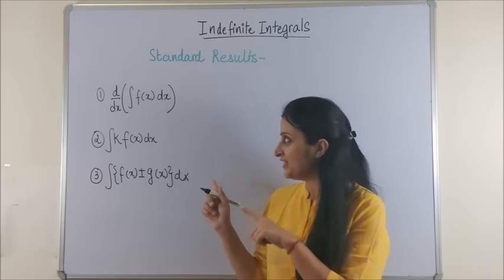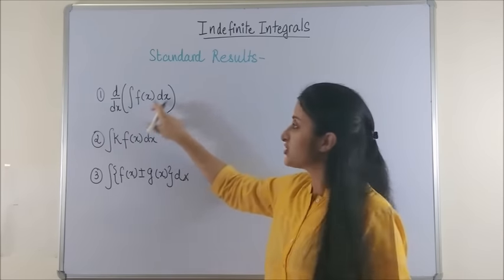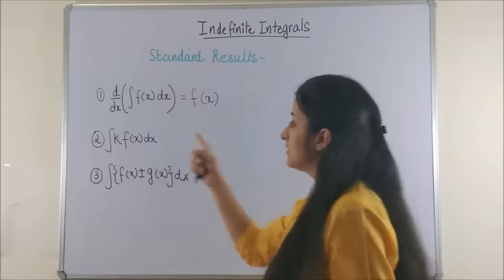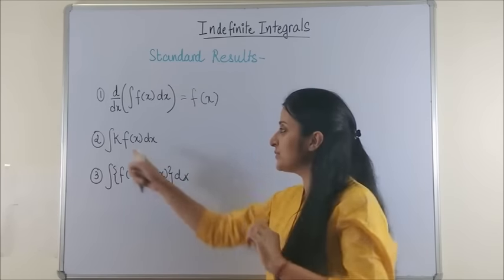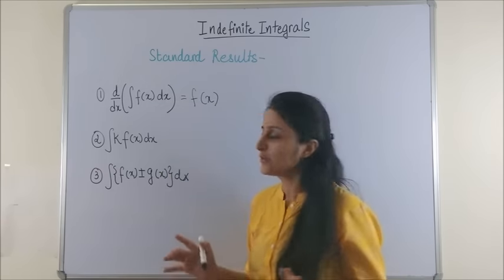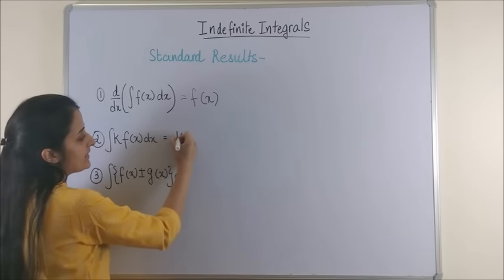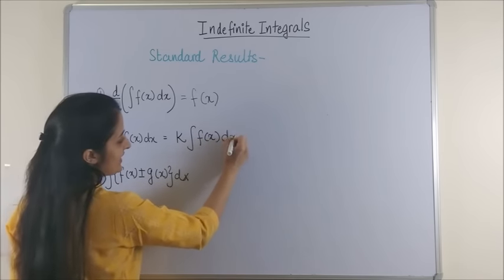Talking of a few standard results, we see that differentiation of integration gives us our original function back. Coming to the second one, the integral of k f(x), where k is any non-zero constant, we can simply take this k out and integrate only f(x) dx.